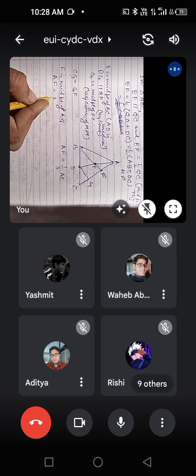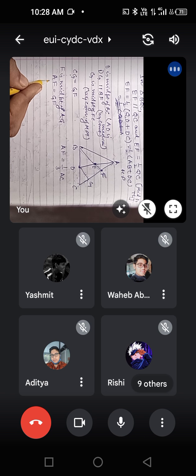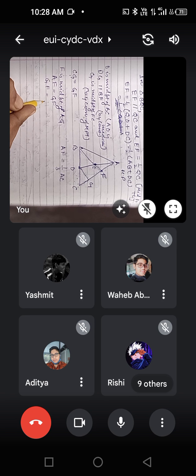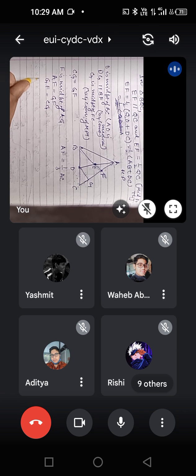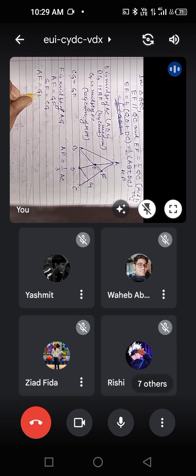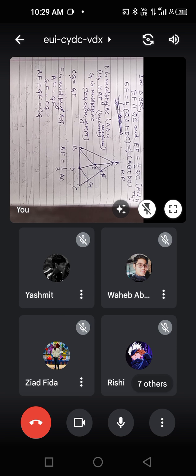AF is equal to GF, isn't it? And GF is equal to CG, isn't it? So if you take all these three, you will get AF is equal to GF is equal to CG. All three are equal, right? Till here it's okay.